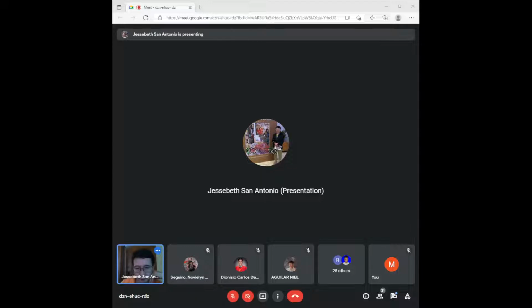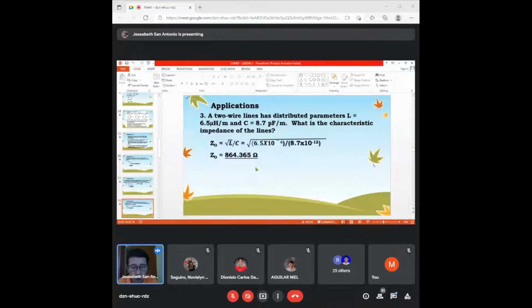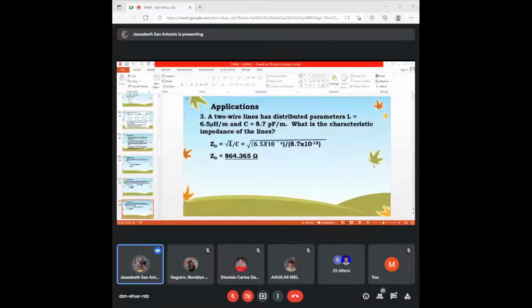Ayan. Ang given ay error. So, the characteristic impedance is 864.36 ohms. By the way, walang tanong dito, no? Direct substitution talaga yan. Pagka naman nagkamali pa dyan, patitigilin ko na kayo ng pagkuha ng course na engineering.